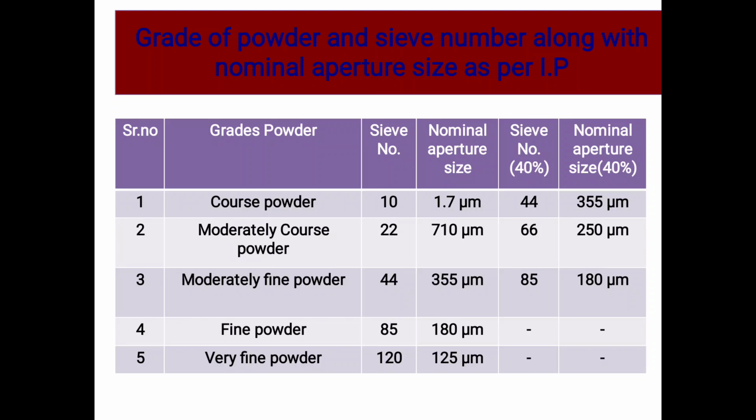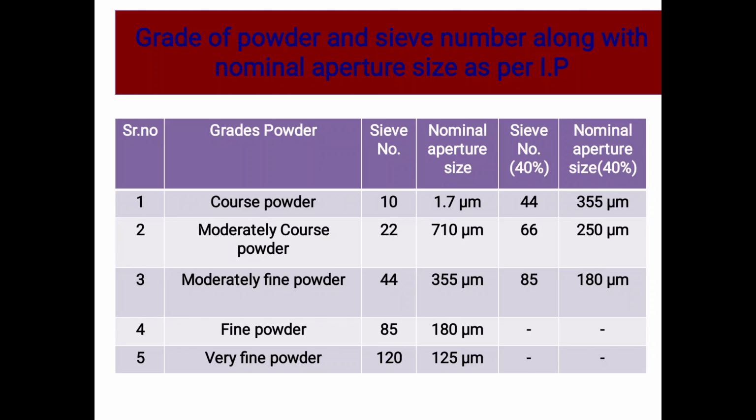Coarse powder means larger size, moderately coarse smaller size, moderately fine powder very small, fine powder then smaller, and very fine powder then smaller. The sieve numbers are 10, 22, 44, 85, 120. So these are the grades of powders and sieve numbers along with nominal aperture size as per IP.